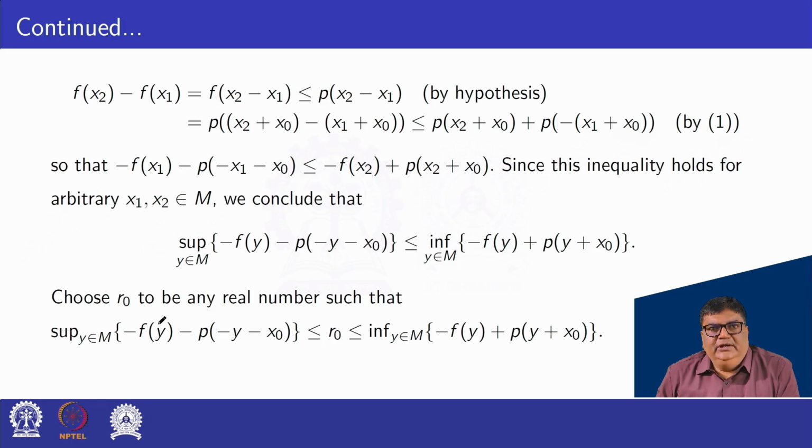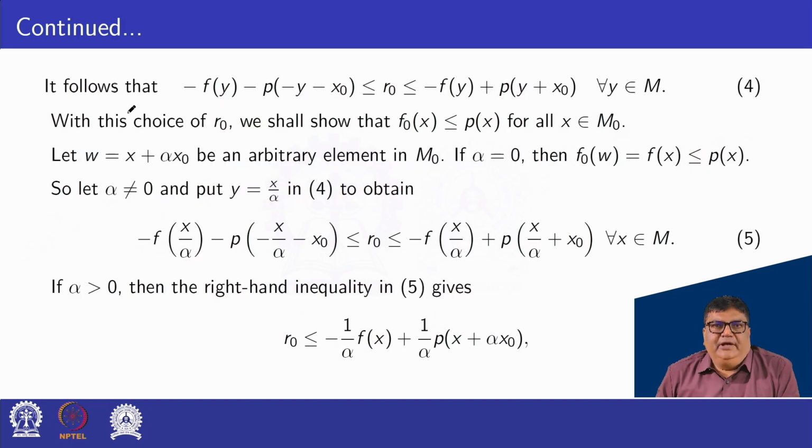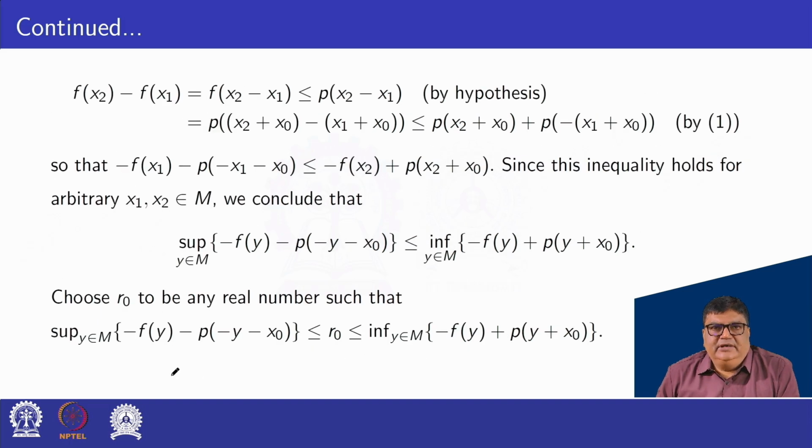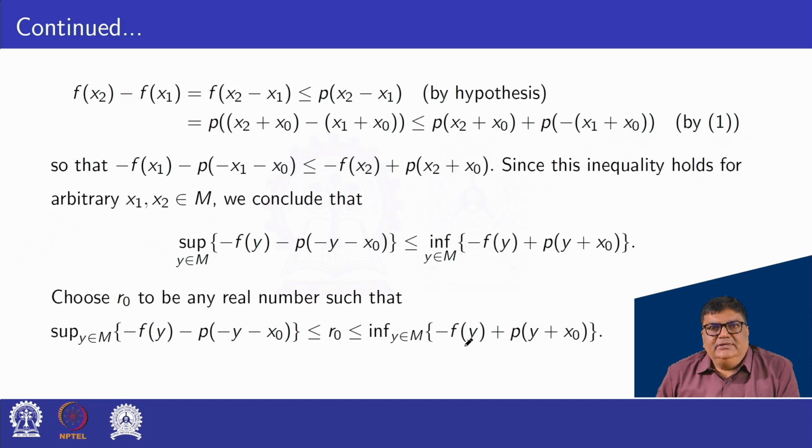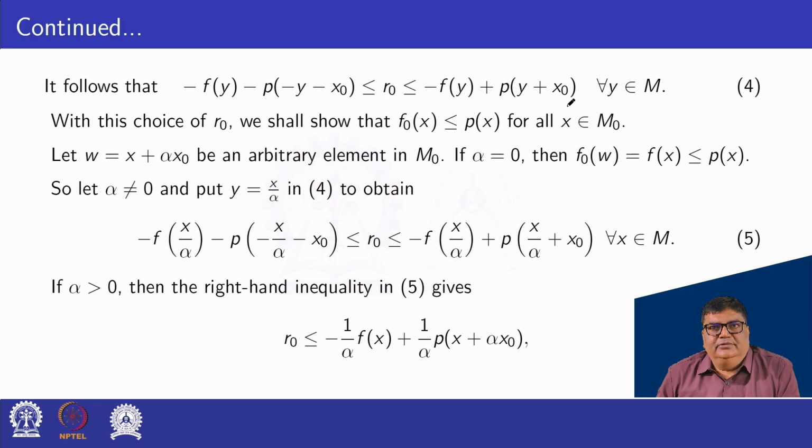Okay. Suppose any R0 lies between these two. It follows that, in this case, on the left hand side, minus f of y minus p of minus y minus x0 is less than or equal to R0, which is less than or equal to minus f of y plus p of y plus x0 for all y belonging to M. Okay.